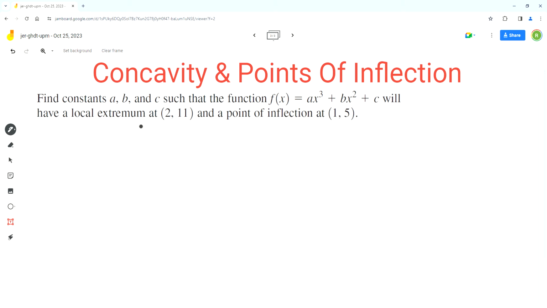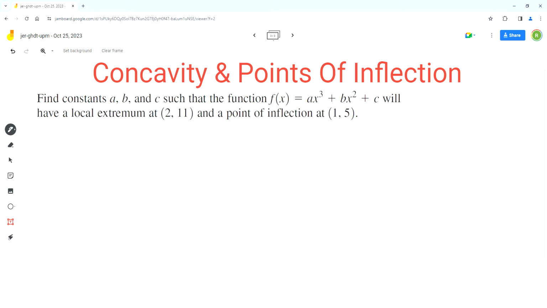Now, local extremum means either local minimum or local maximum. So this means that the point (2, 11) lies on the function because this point represents the turning point on this function, either in the form of a peak or a valley.